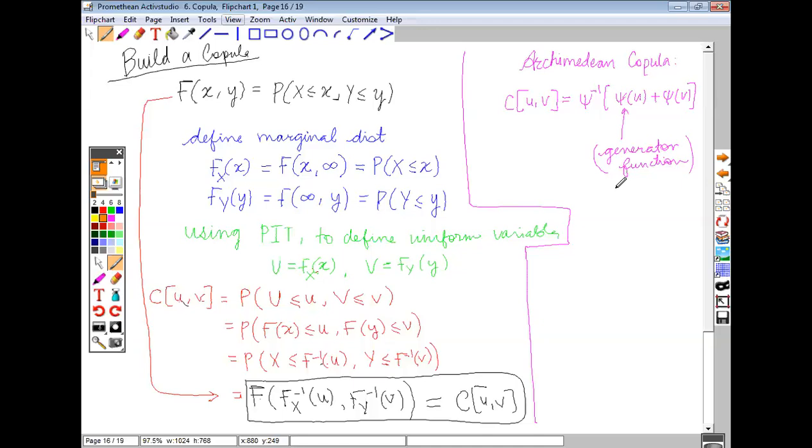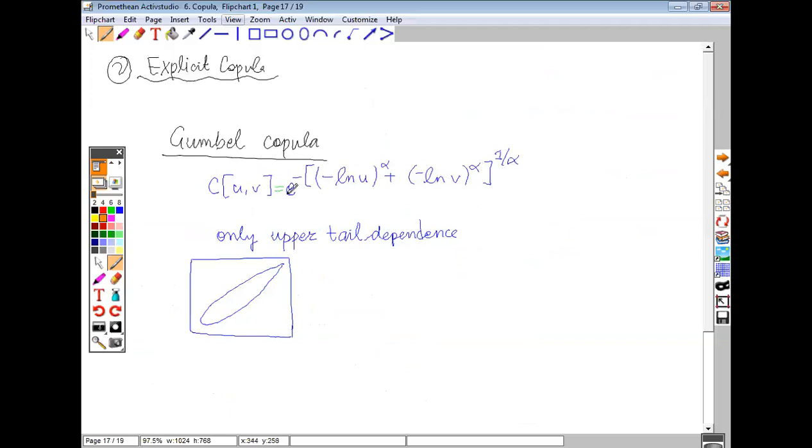But again, now let us try to derive this Gumbel copula using what we have here. So if I tell you guys to guess what will be my generator function here, how would you guess it? So maybe I can write it again here. What I have is this thing inverse, this thing u, plus this thing v, right? This is what I have as my generator function. So what I want to know is, what is this for Gumbel copula?